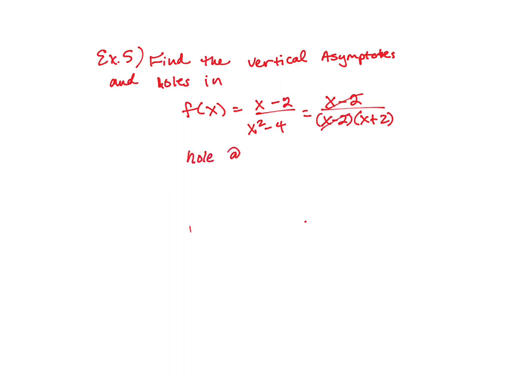There's going to be a hole at x equals 2. And there's going to be a vertical asymptote at x equals negative 2. Can you see it? Any questions there? We understand?